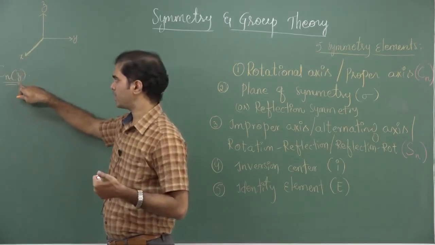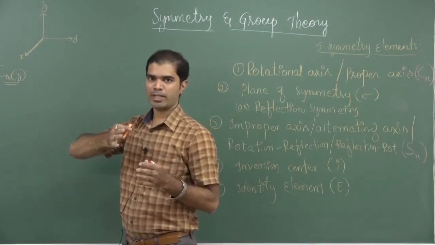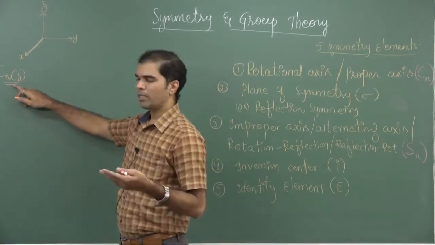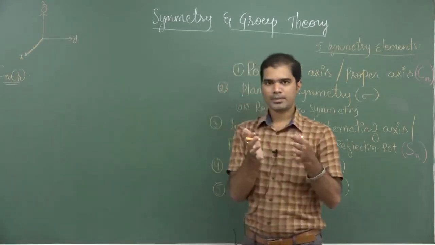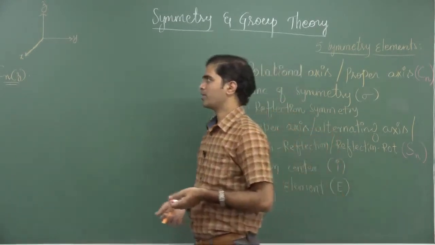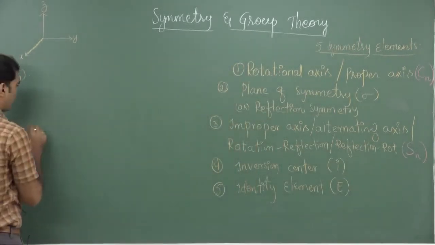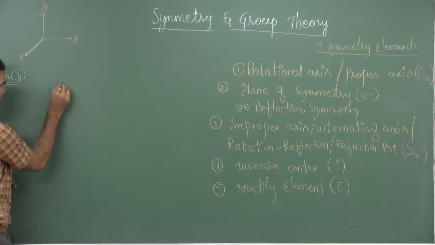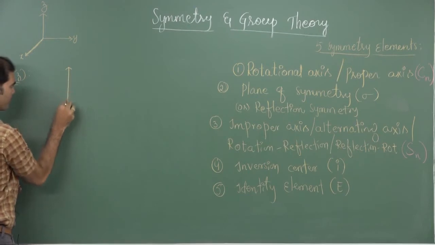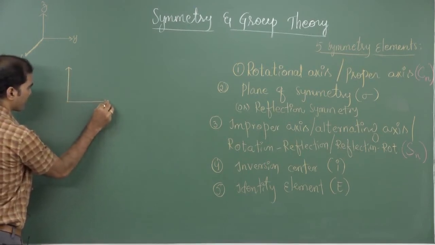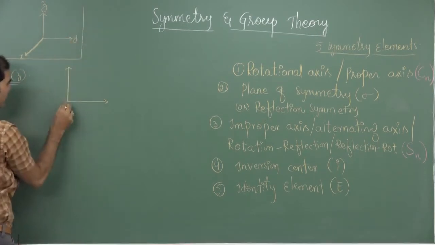The given axis is z. How much is n? It is defined depending on the symmetry of that particular molecule. It could be 1, 2, or any different number depending upon the repetition present in the given molecule. Let us start with Cn along z. Whenever I am performing Cn along z, this is a general convention that you have to remember.